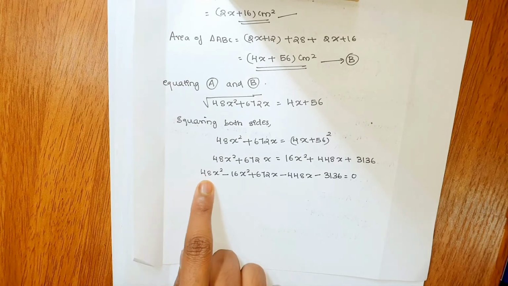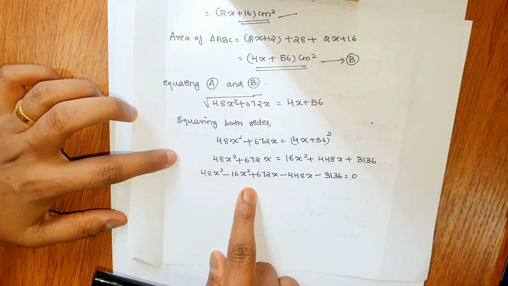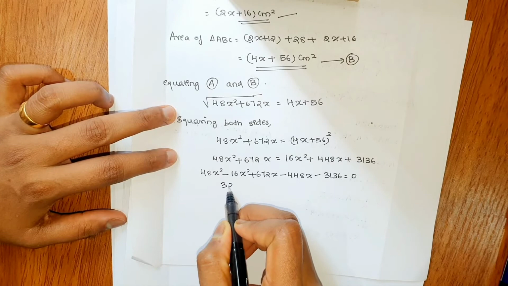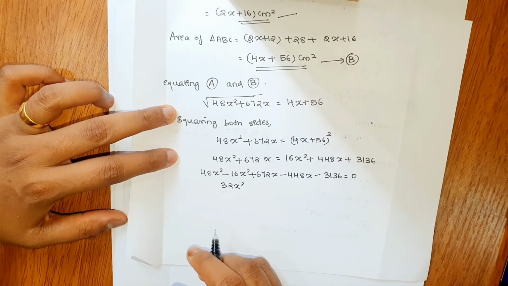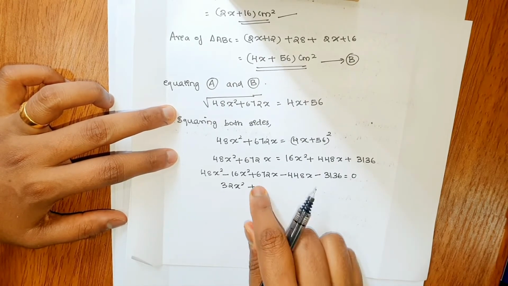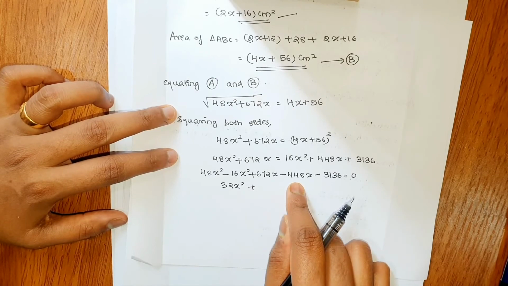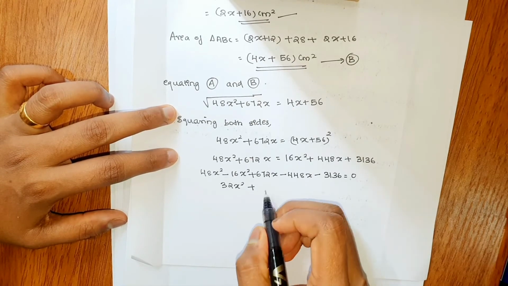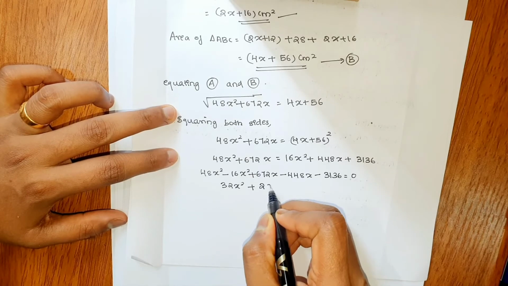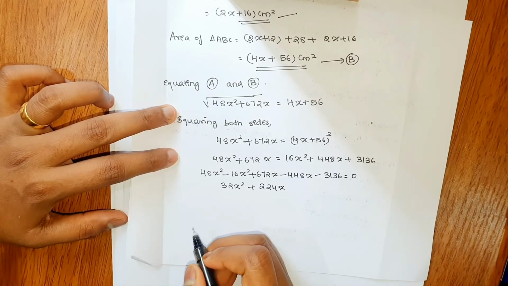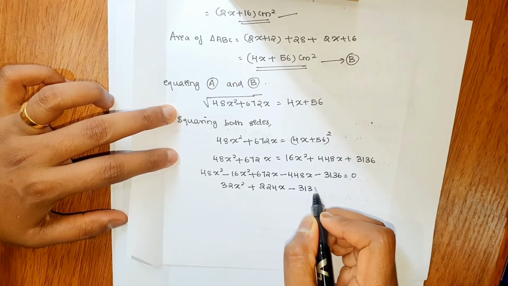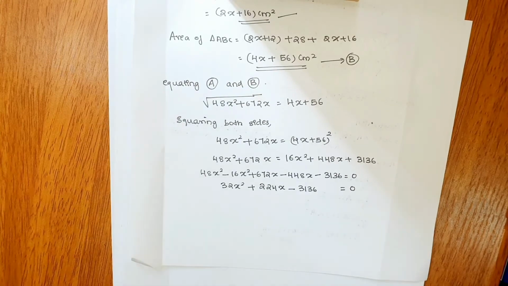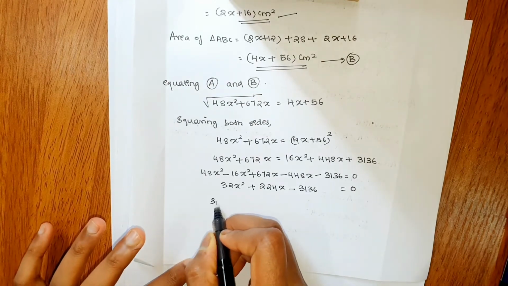Okay. 48x square minus 16x square, that is 32x square. Right. Plus 672 minus 448, that is 224x. Minus 3136 is equal to 0. From here I can take 32 common.